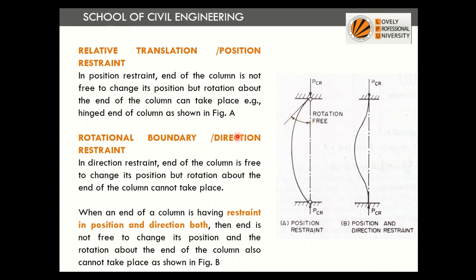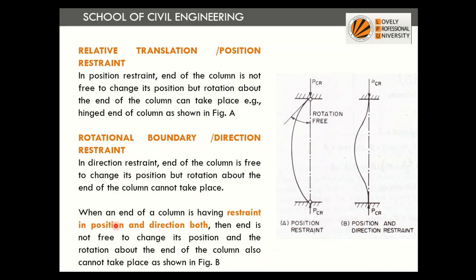What about rotational or directional restraint? In this, the column can change its position, but rotation about the end of the column cannot take place. That means the end of the column is free to change its position, but rotation is not allowed.